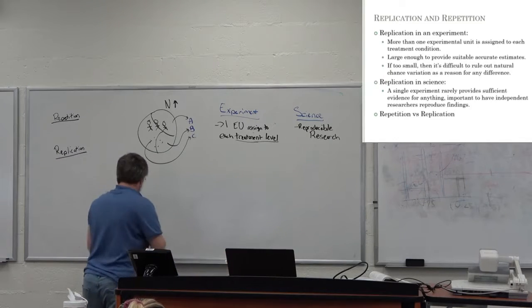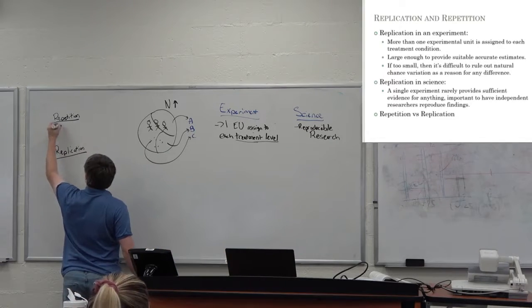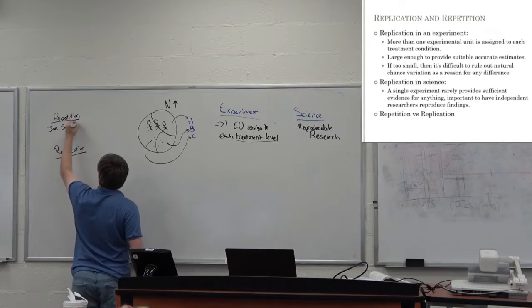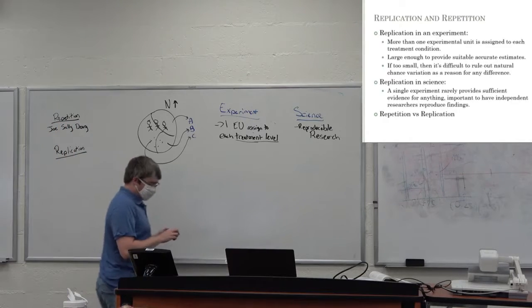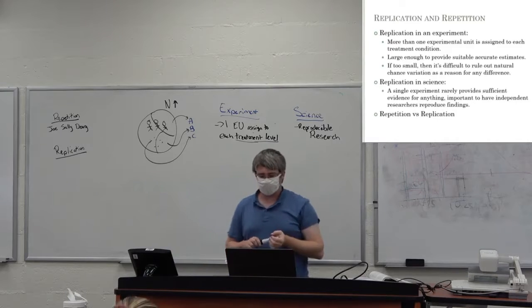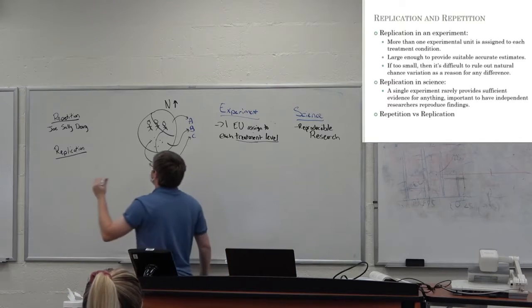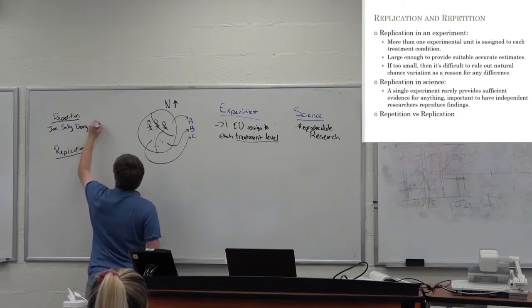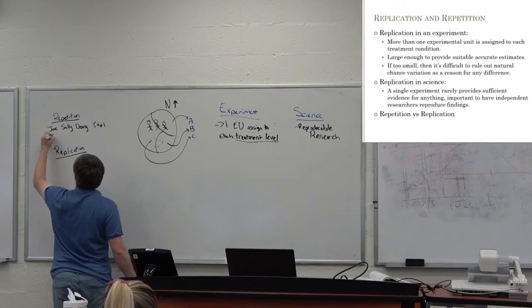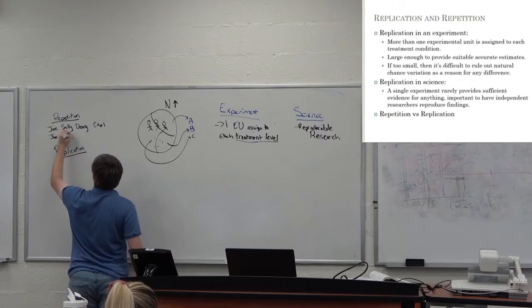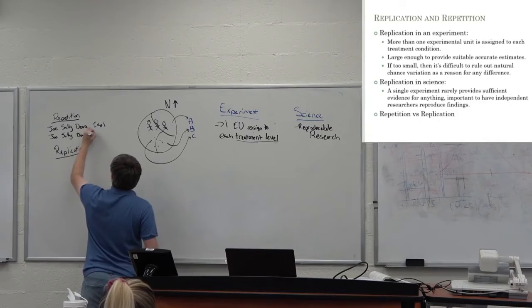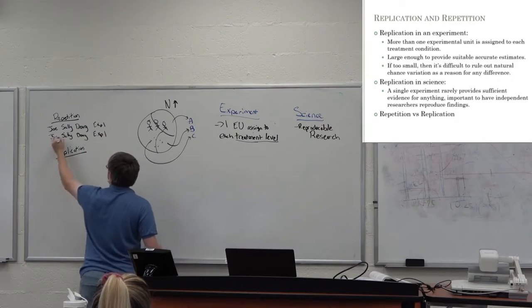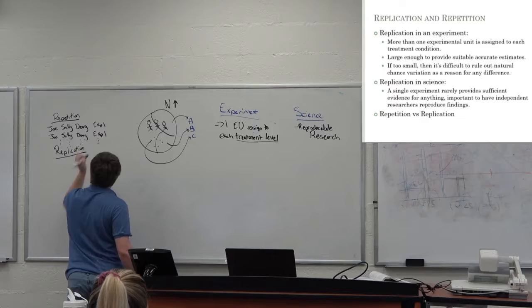We're going to have Joe, Sally, and Doug as my people in this experiment. And so having repetition is saying this is experiment 1, and then they do it again, the same type of experiment all over again. And they do experiment 1, and so on.